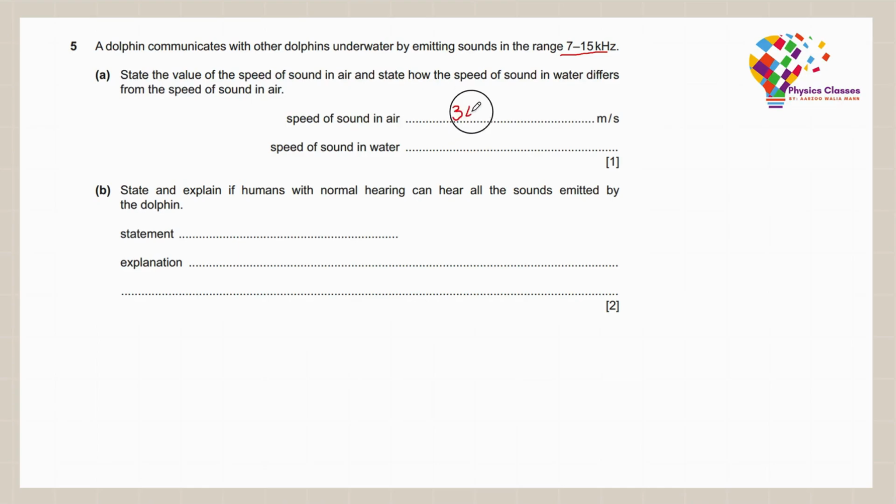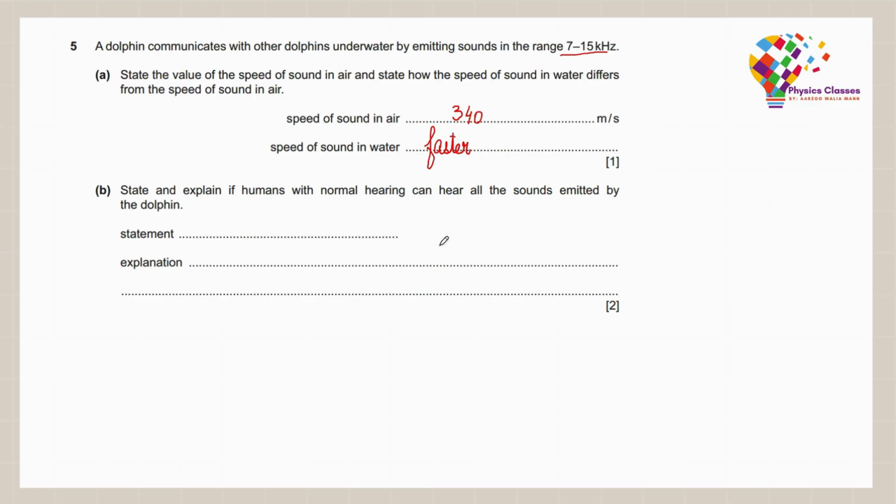So let's just say that it is 340 meters per second. The speed of sound in water is definitely more than the speed of sound in air. So we can say the speed of sound is faster in water. In fact, in liquids it is faster, and in solids the speed of sound is the maximum, it's the fastest.